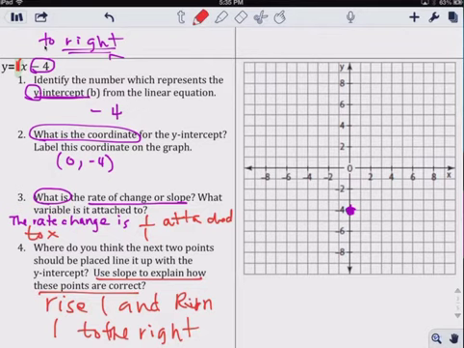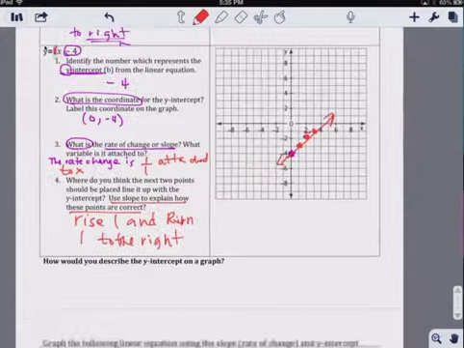From there you rise 1, run 1 to the right, right there. Rise 1, run 1 to the right. And you got those dots and you connect them. There goes your answer.